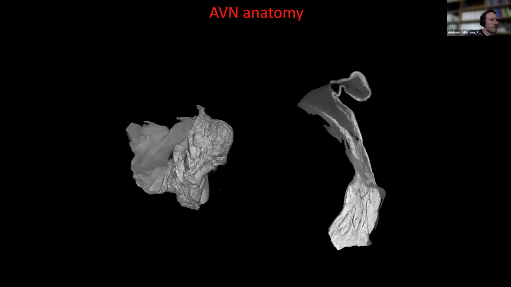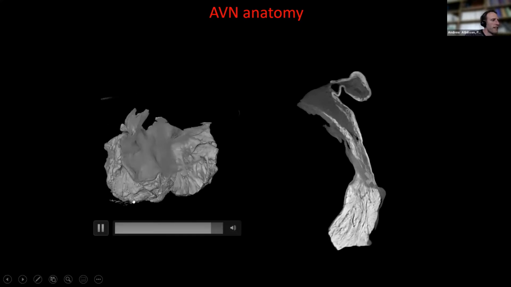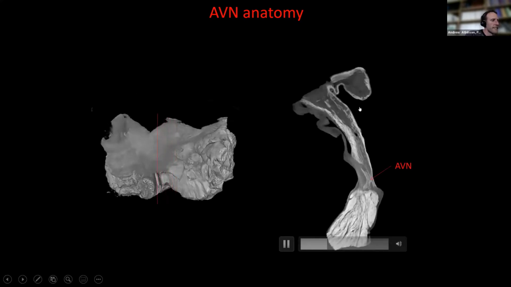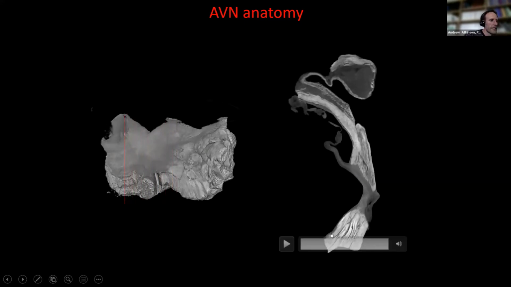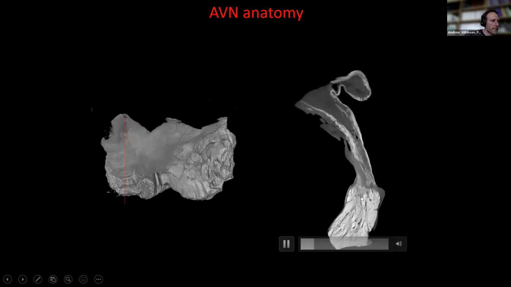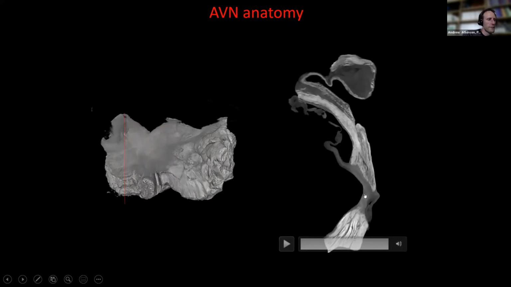Similar to what we did for the sinus node, we've got the scanned AV node block. And this is the CT as we're taking sections through this block virtually, and we can see how the structure moves through the central fibrous body, as we'd expect to see from the histology.